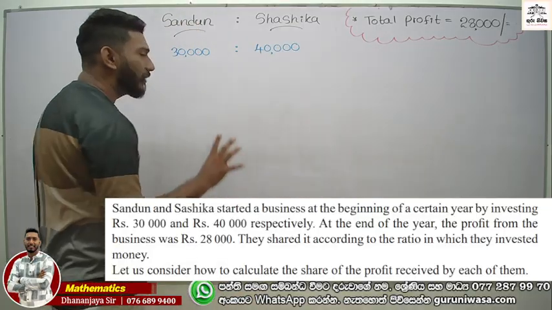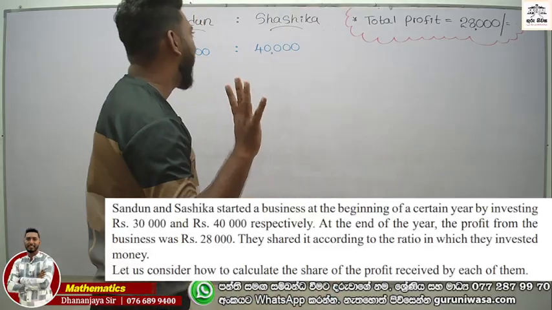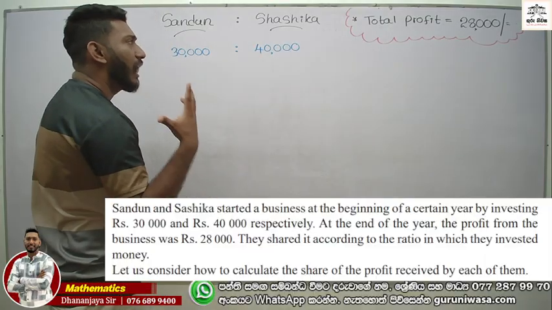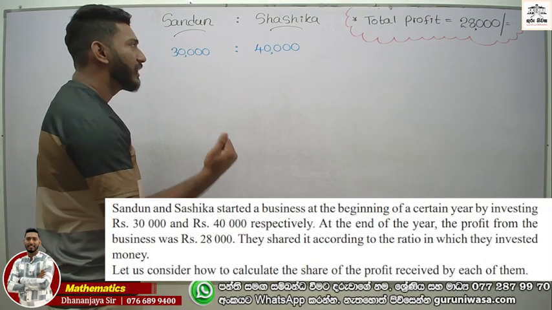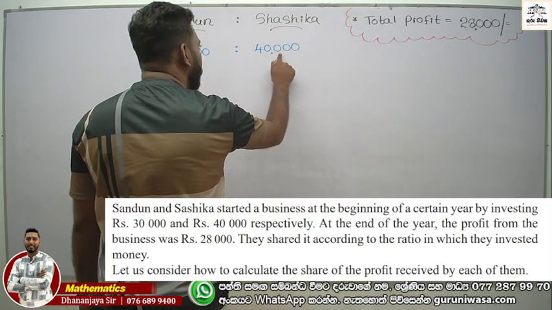30,000 and 40,000. Now I am going to find the ratio between them, and we discussed how to simplify ratios. Now you know how many zeros? 1, 2, 3, 4.